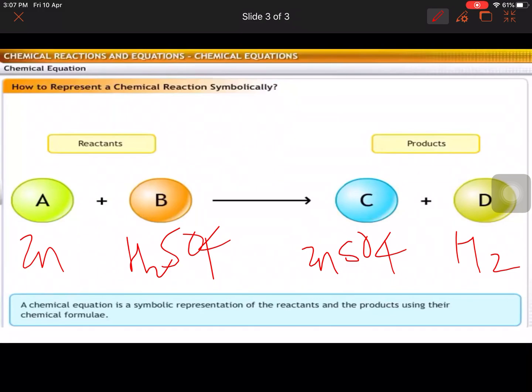What happens? Two hydrogen atoms are replaced by zinc. Now zinc sulfate is called zinc salt. And this hydrogen gas liberates, and this upward arrow sign shows the liberation of hydrogen.